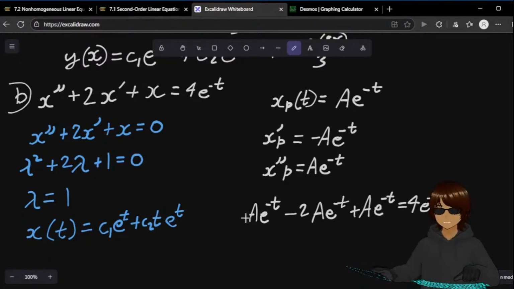This plus this is positive 2. This plus 2 minus 2 is 0. 0 is equal to 4e to the power of minus t. And then we have an issue.